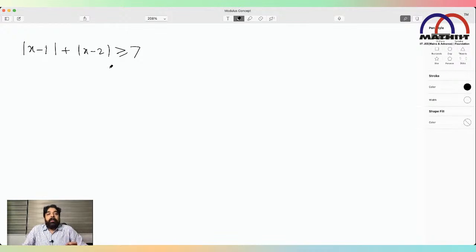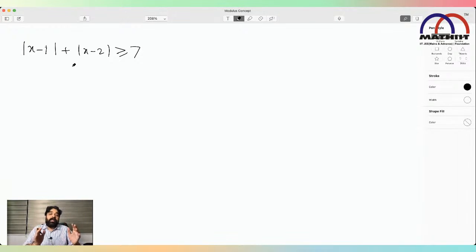So first thing, we have to find x. So this mod has to disappear. That's the main thing. If this mod has to disappear, we need to know when it's going to change its behavior. This will change its behavior at x equal to 1, and this will change its behavior at x equal to 2.